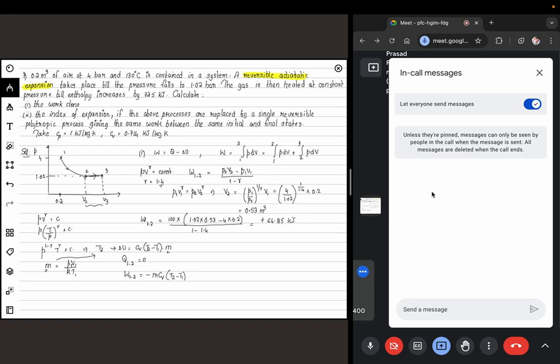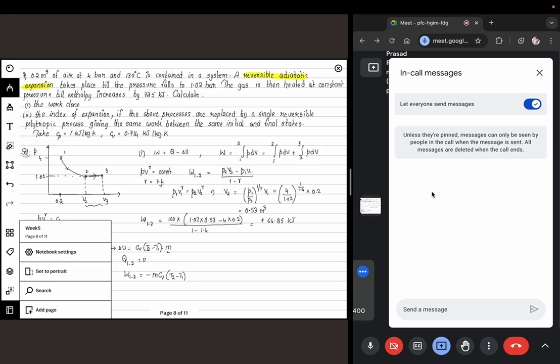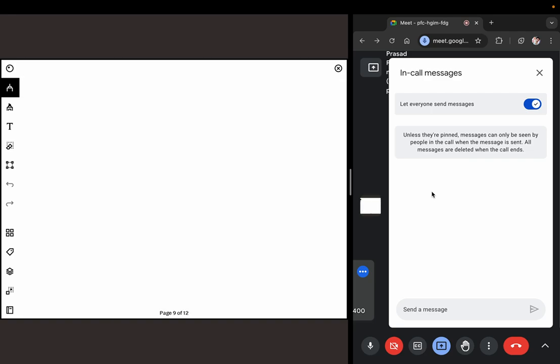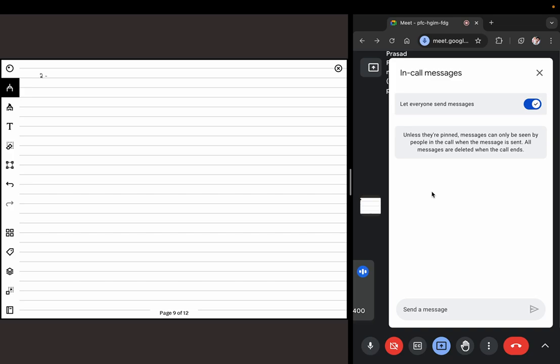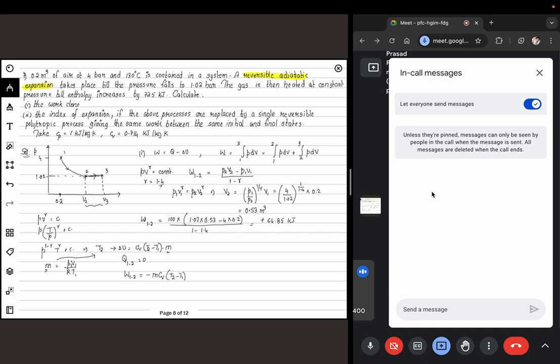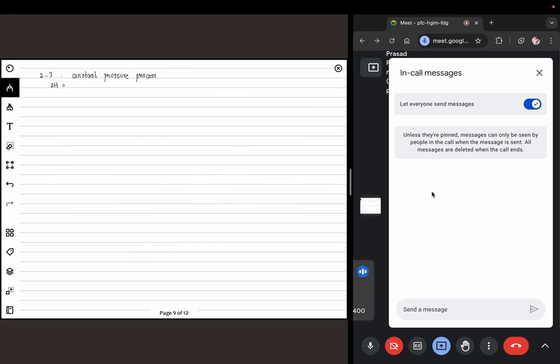Now what is happening in the second one? From 2 to 3 is a constant pressure process. And it is given that delta H is 72.5 kilojoule.